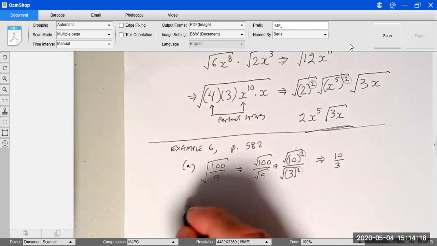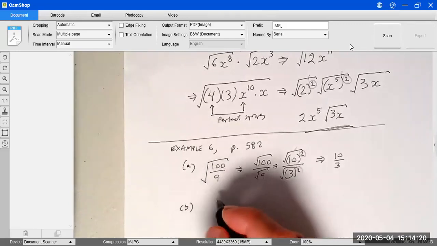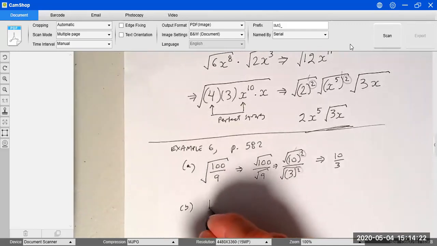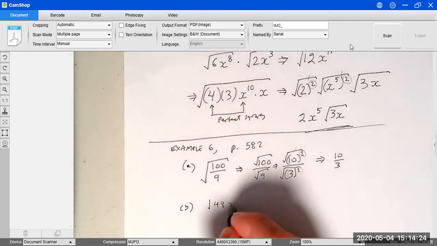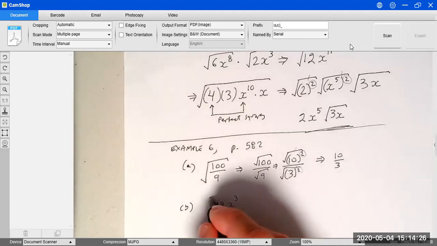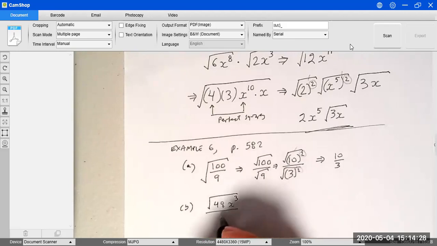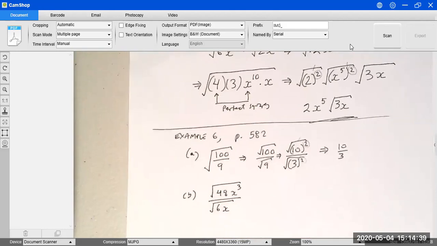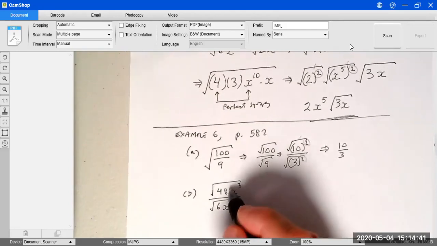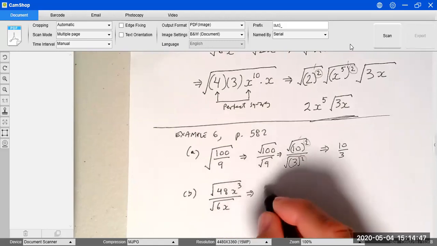Then we have the square root of 40x to the cube over the square root of 6x. So in this case, it would be better to combine these two radicals into a single one.